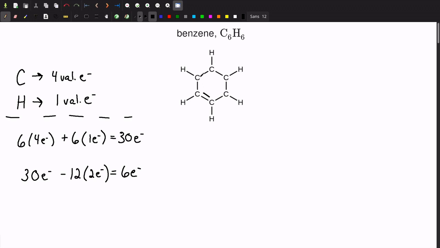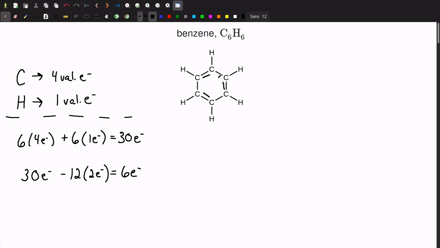We can go to the next one here. He needs a bond too. And then these two are both happy, right? They both have 8. And then we could make another bond right there. And now everybody's happy. They all have their octet, and we've exhausted our 6 electrons.